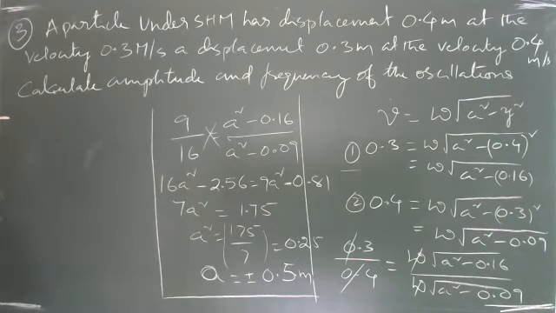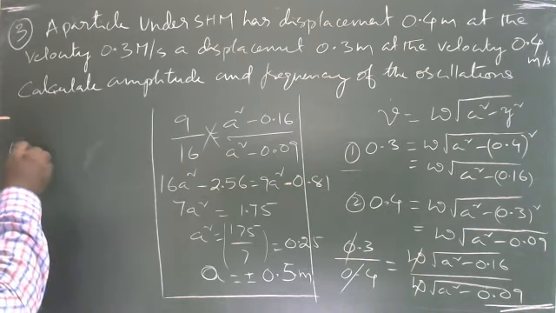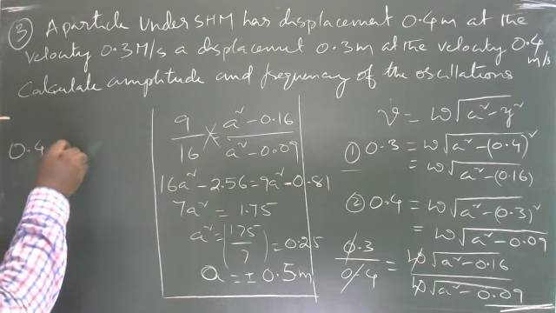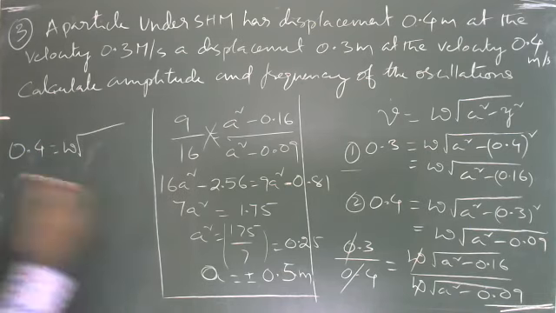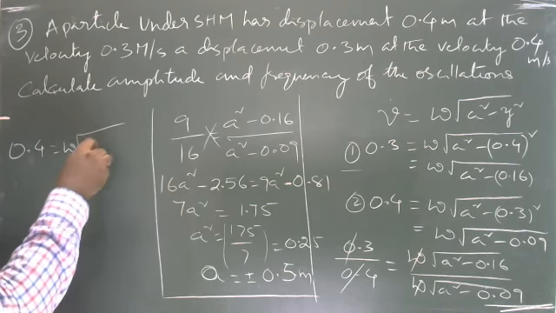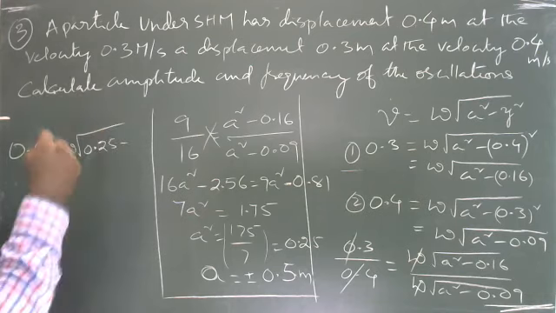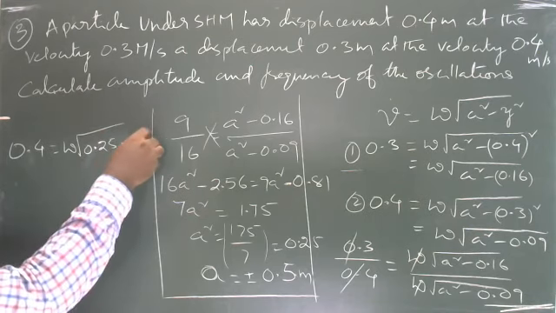Using that, I want to find the frequency. What is the frequency equation? Frequency is equal to 1 by 2 pi times omega. So using the velocity equation, 0.4 is equal to omega into root over 0.25 minus 0.09.